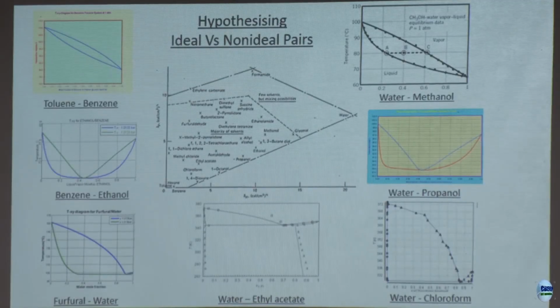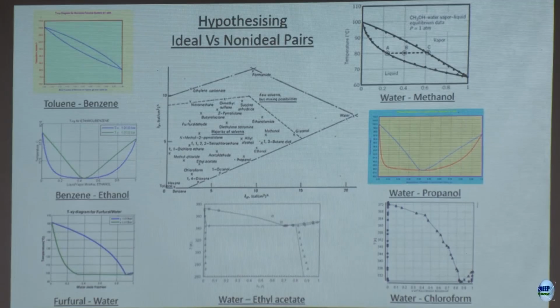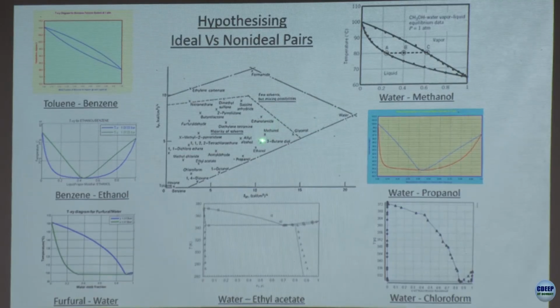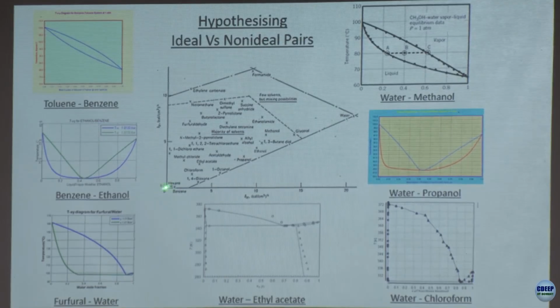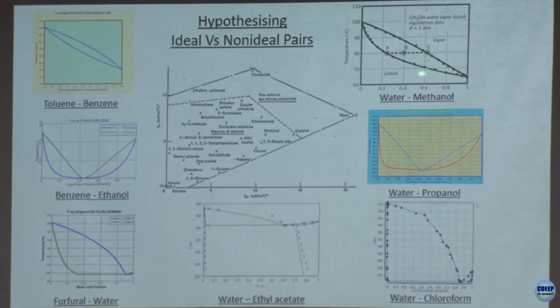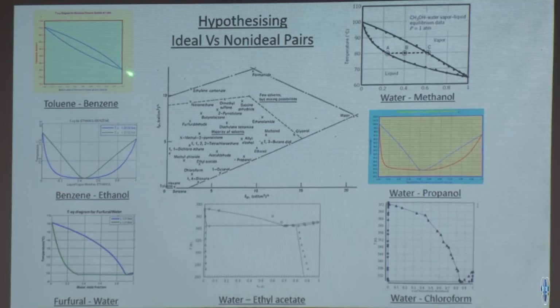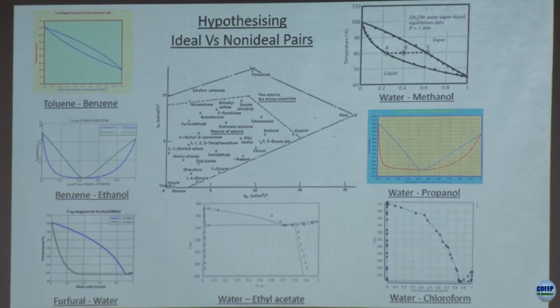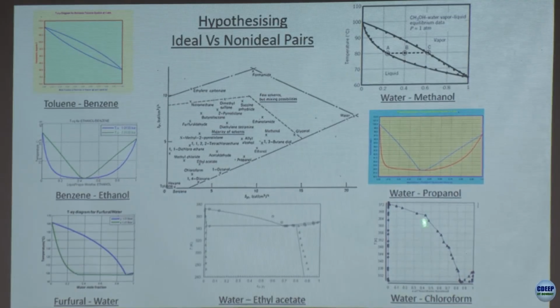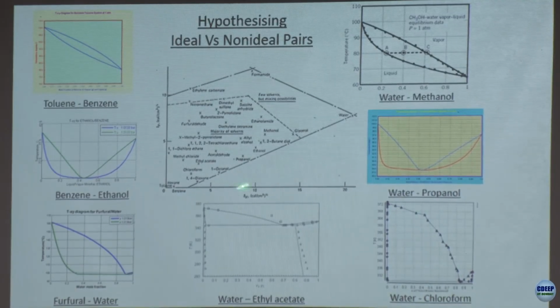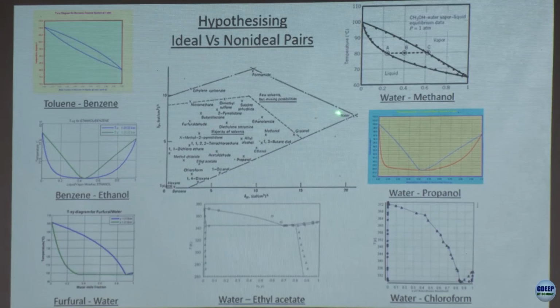Toluene and benzene are very close here. Water and methanol are close but not as close as toluene and benzene, so there is a slight distortion, whereas this one is completely symmetrical. Likewise you have the entire phase separation between water and chloroform, because chloroform is here and water is here. So this diagram becomes very helpful to guess the likely behavior.